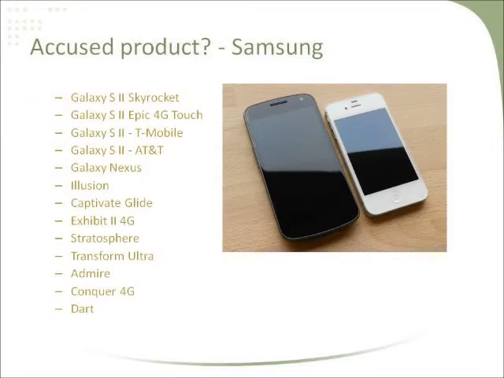As you can see from this list right here, basically all the Galaxy phones infringe on this patent, as well as a lot of other types of phones, touchscreen or touchscreen with a keyboard, or touchscreen with a touchscreen keyboard. Basically, it's just a lot of products.